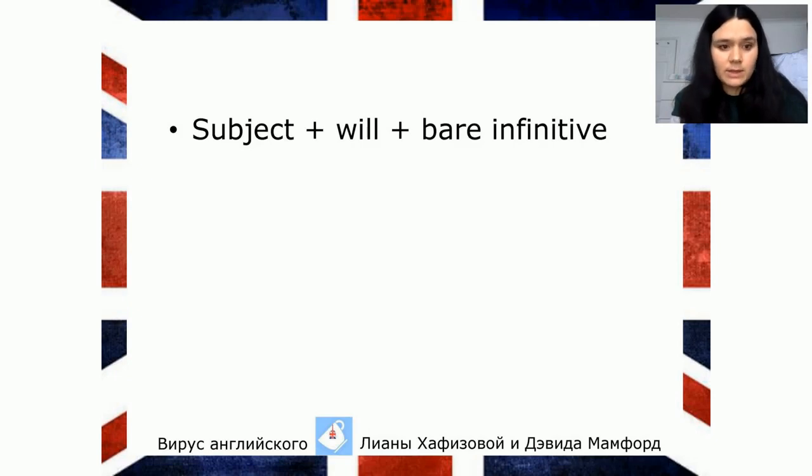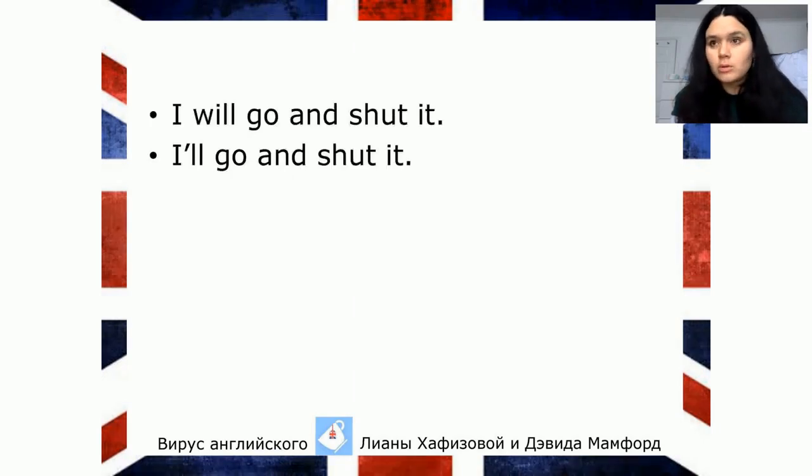And a bare infinitive, as Maria pointed out correctly, is an infinitive without to. So when you say to go, to shut, to open, to lock, it's an infinitive. But if you use the same thing without to, it means it's a bare infinitive. You will need it if you'll be studying using English, Cambridge, Oxford textbooks, or if you'll go to England, to America for courses.